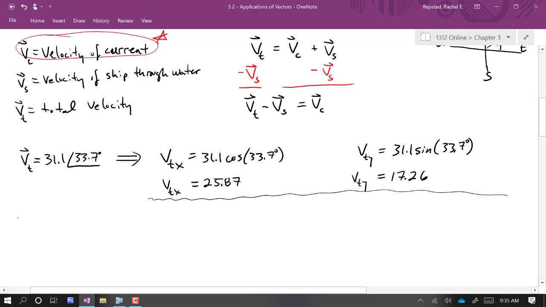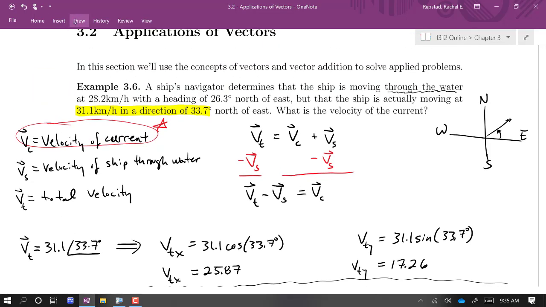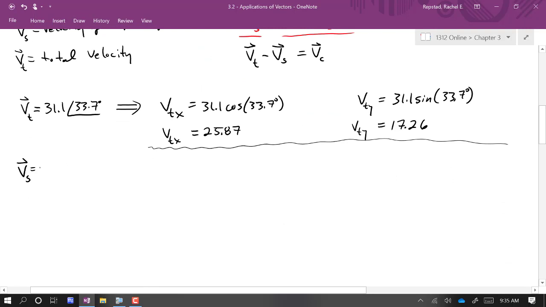Now we'll do the same for VS. I'm going to scroll up again just to get that information. Let's see, it's moving through the water at 28.2 with a heading of 26.3 degrees north of east. So 28.2 at 26.3 degrees.